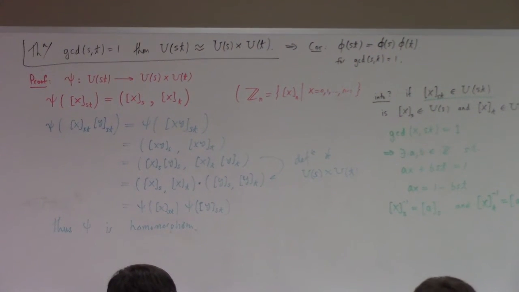Yeah, I don't agree with my notes here. I said that since U_st and U_s cross U_t are finite, we show it's a bijection if we show injectivity or surjectivity. I don't think that's quite true, though, because I need also to know that the groups have the same size in order to make that jump. Same cardinality, right? So I suppose we should show surjectivity.